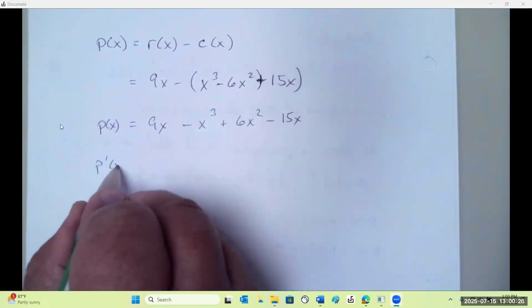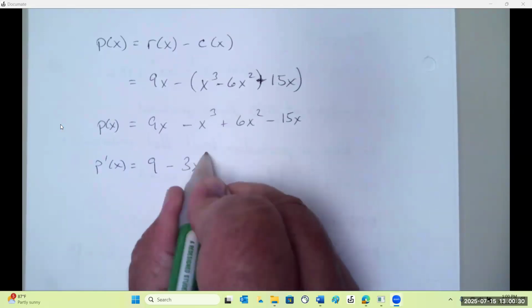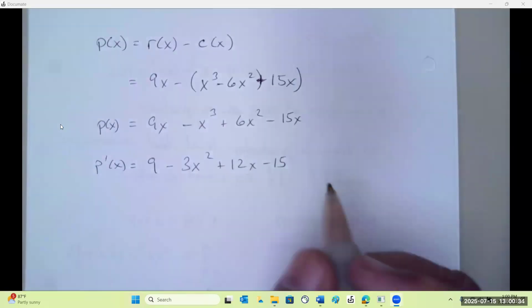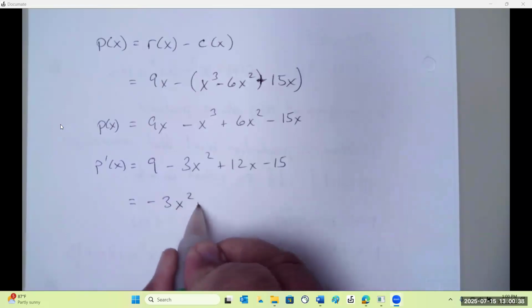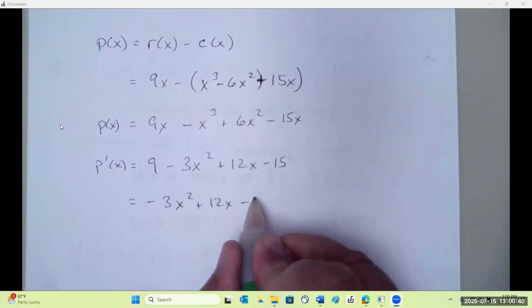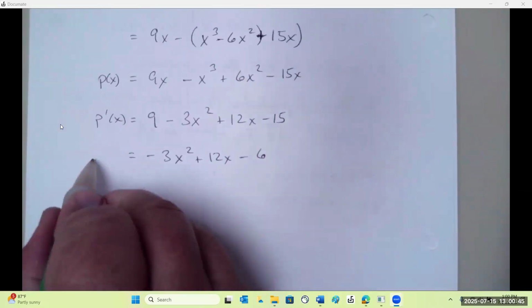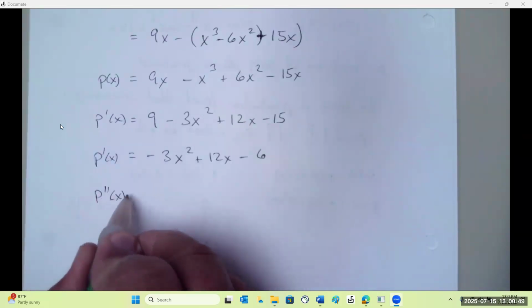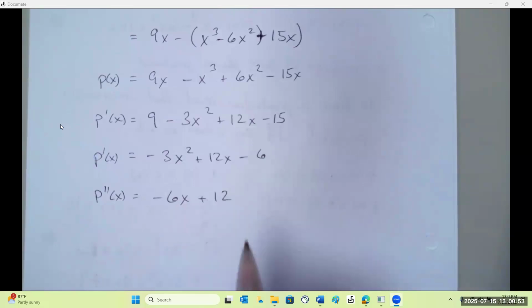The first derivative is 9 minus 3x squared plus 12x minus 15. And the second derivative is negative 6x plus 12.